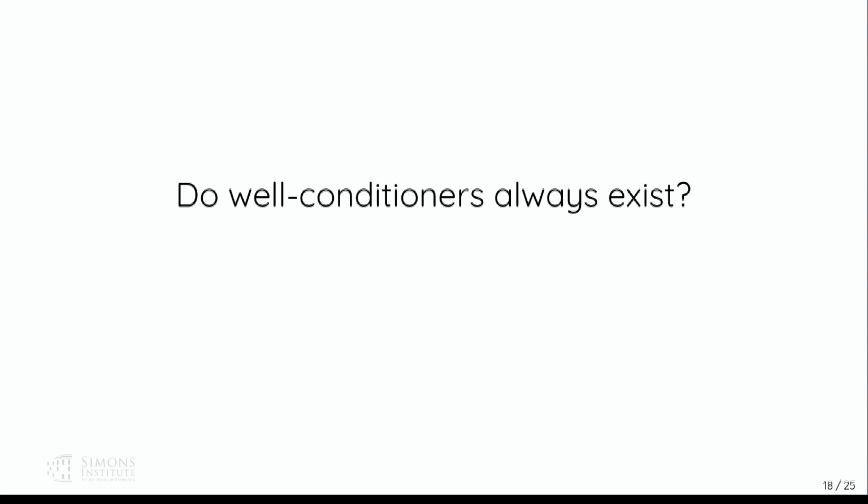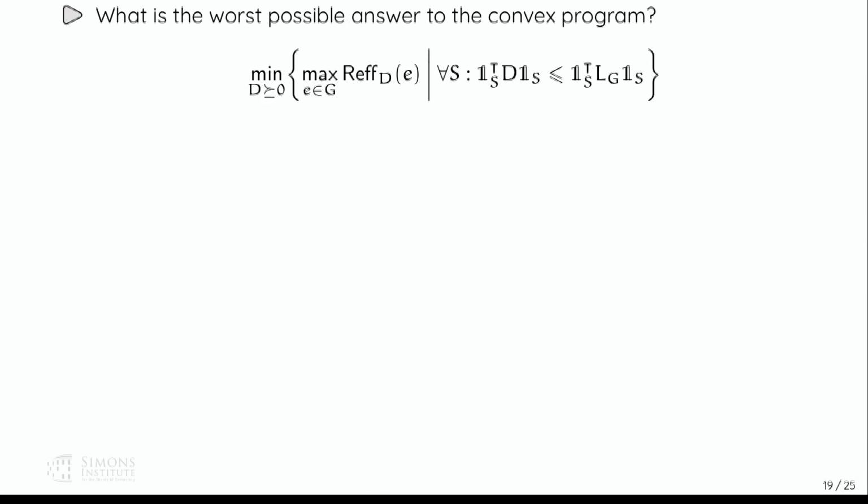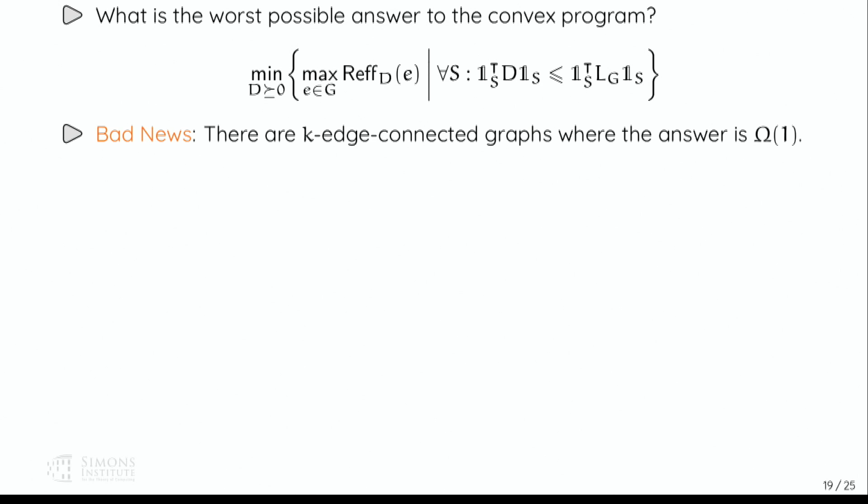Now let's go back to the original problem. Can we always find well conditioners for all cuts? This is the same convex program as before. You can just try to analyze it. The problem is that even if you use convex duality and try to prove that this is bounded, you would find counterexamples.